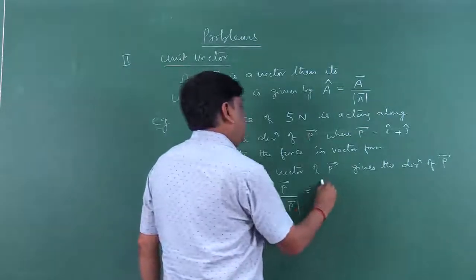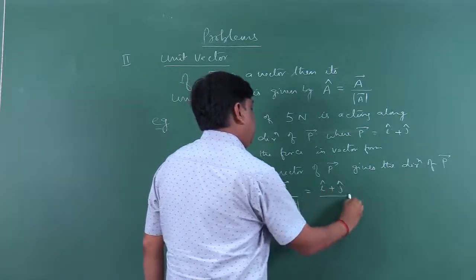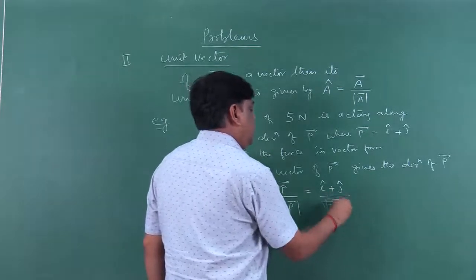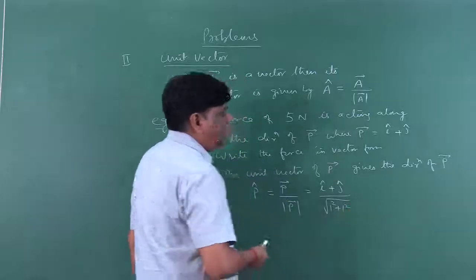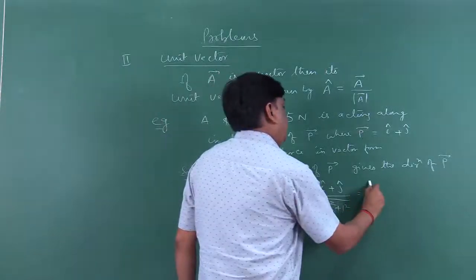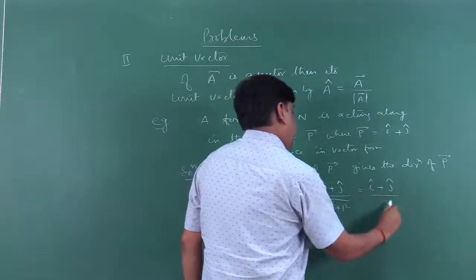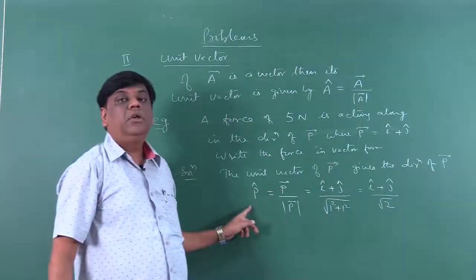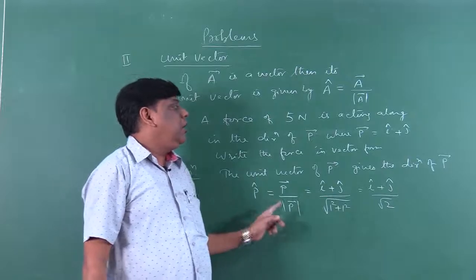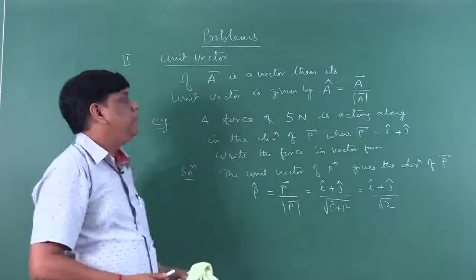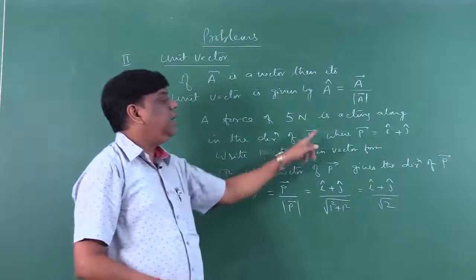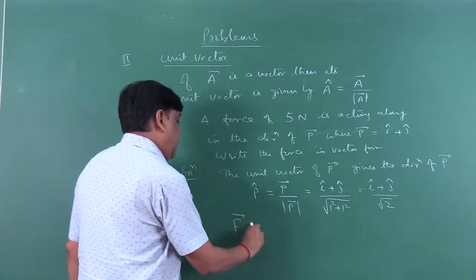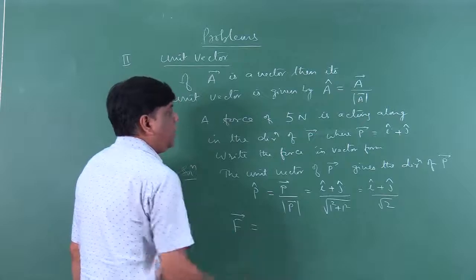So vector p is i cap plus j cap, and magnitude के जगह इसका भी कोफिशिएंट 1 है, इसका भी 1 है. So इस वेक्टर का मैग्नीट्यूड 1 square plus 1 square, that will give you i cap plus j cap divided by root 2. So now this becomes the unit vector in the direction of vector p, and since the force is acting in the same direction, we can say that the force vector will have two parts, magnitude and direction.